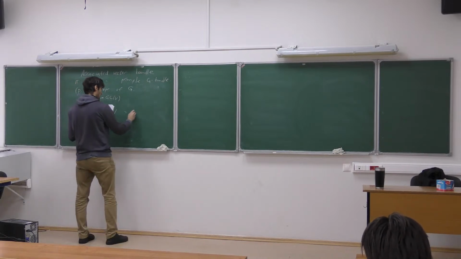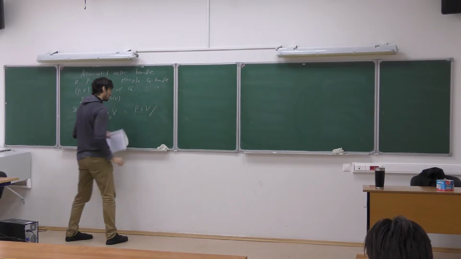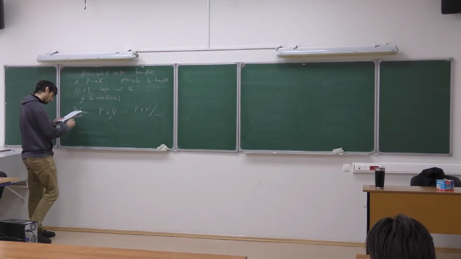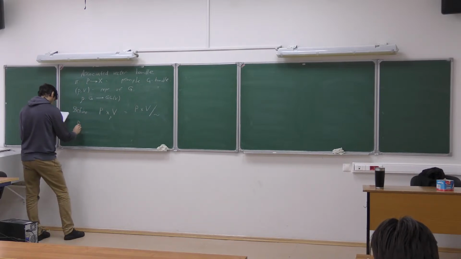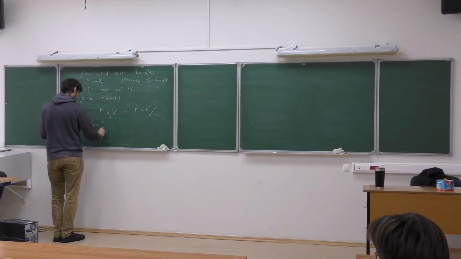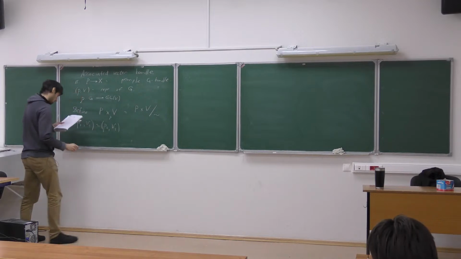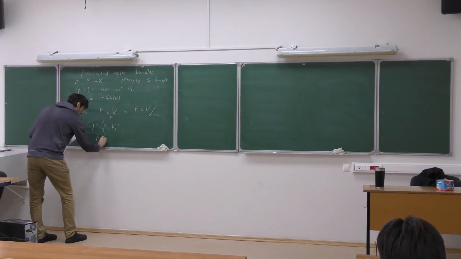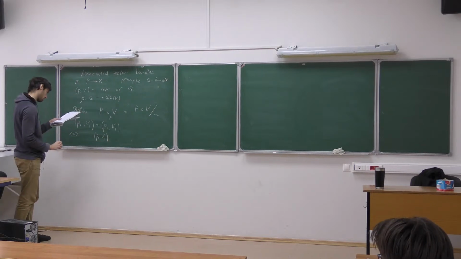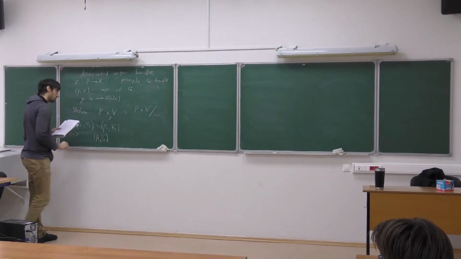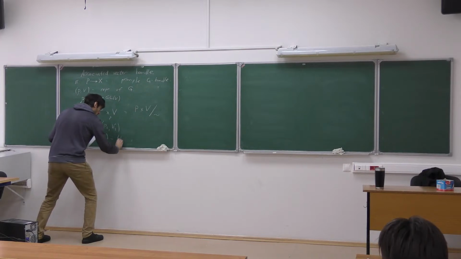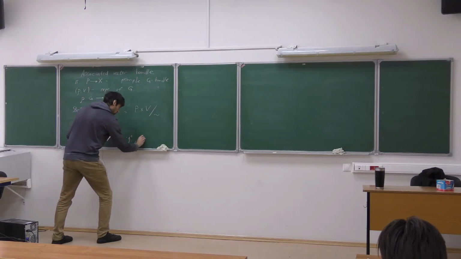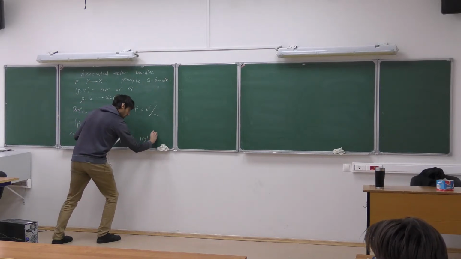So this is P direct product V over some equivalence relation, and the equivalence relation is given by the following: (p1, v1) is equivalent to (p2, v2) if and only if the following happens: (p1, v1) equals (p2 acted on by g inverse, for some g, and then rho of g acting on v2). So like that.